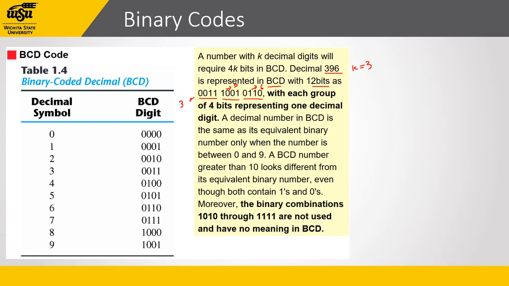Now let's see another example, 185. So the BCD form is 0001 and so on, where these groups are 1, 8, 5, and this is compared to the binary representation, which is 10111001.